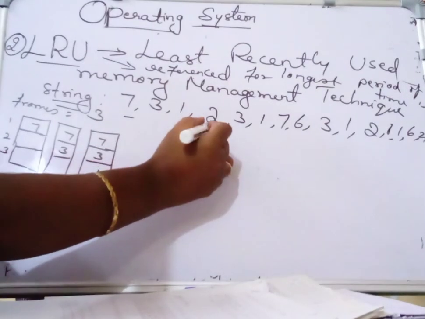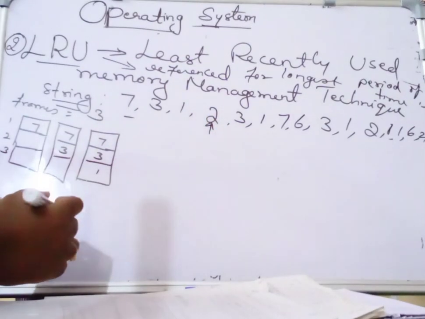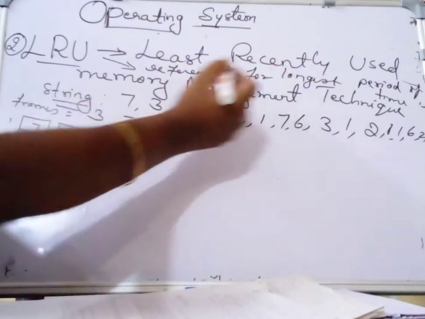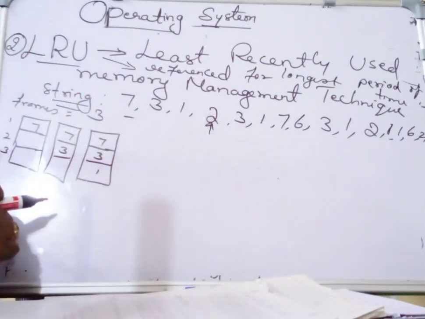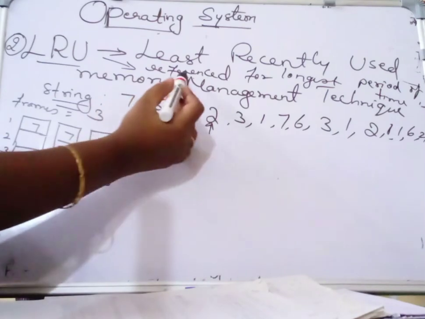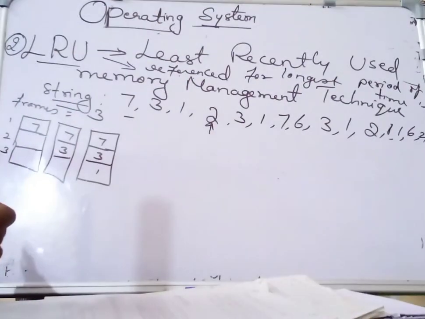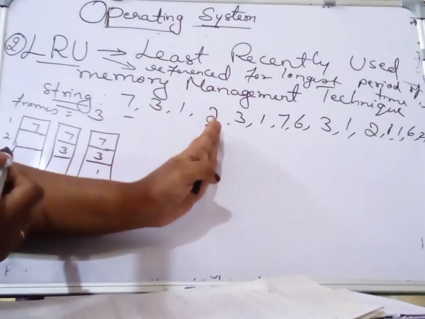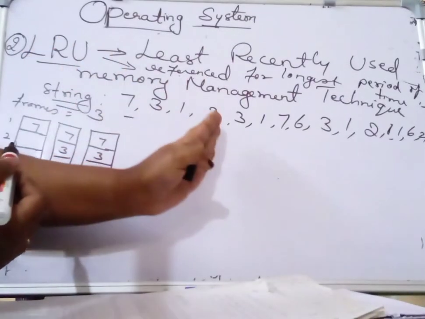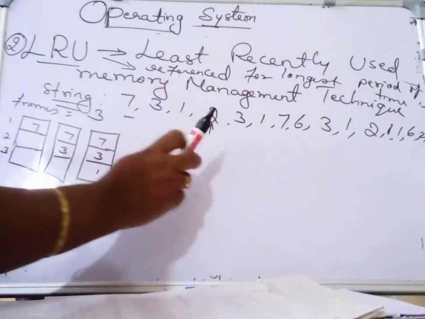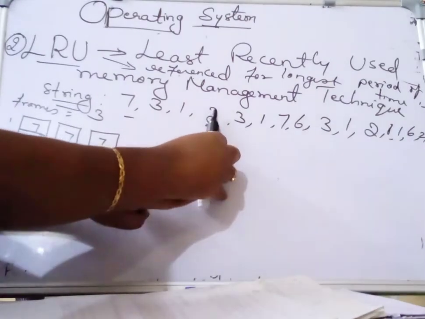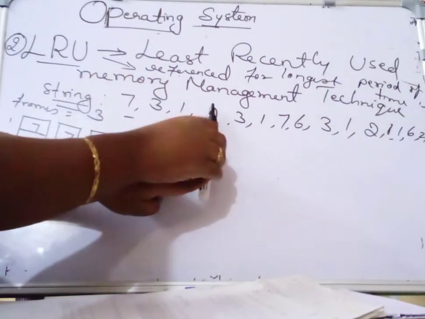The fourth page to be loaded is 2. According to LRU, use the page that has not been referenced for the longest period of time. To replace a page in LRU, always observe the left part of the array.